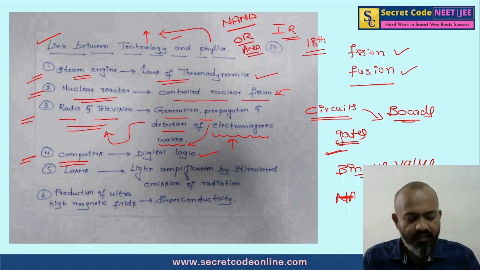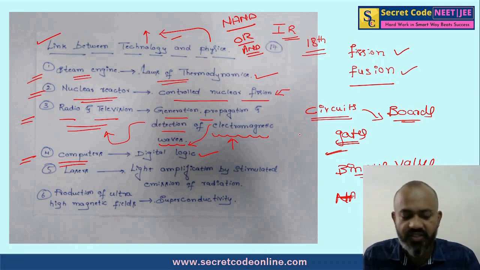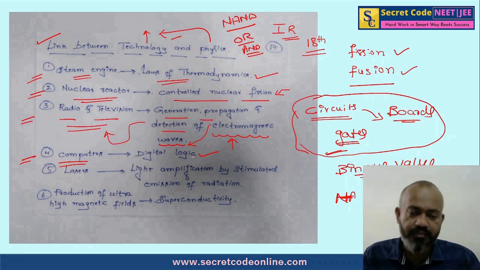Digital logic is used in electronic circuit boards and in gates, and they take binary values. You understand this much, it's enough. Based on the digital logic principle, computer technology was developed.